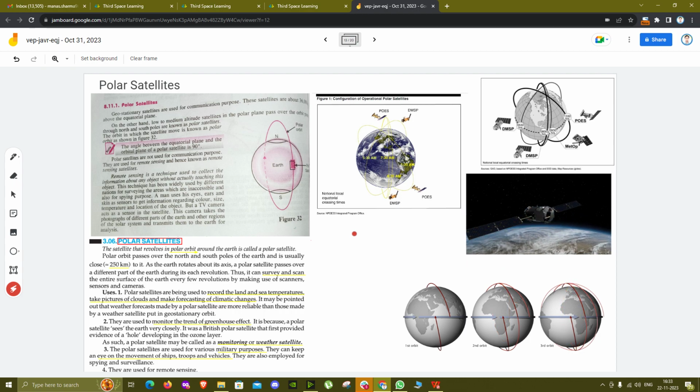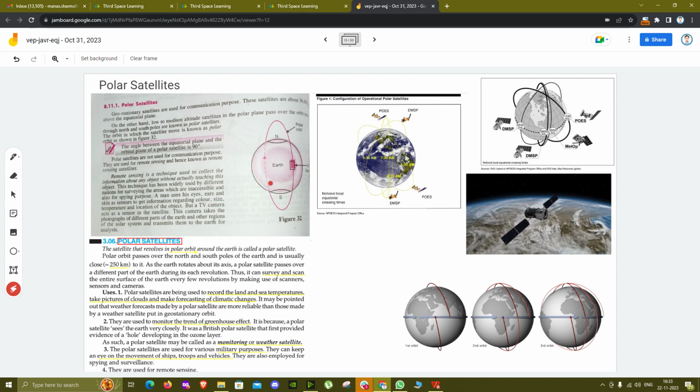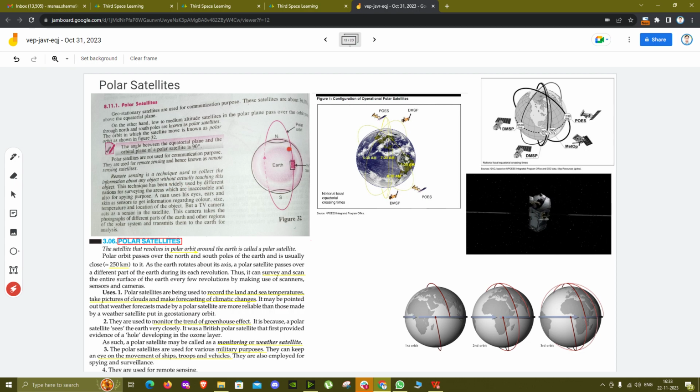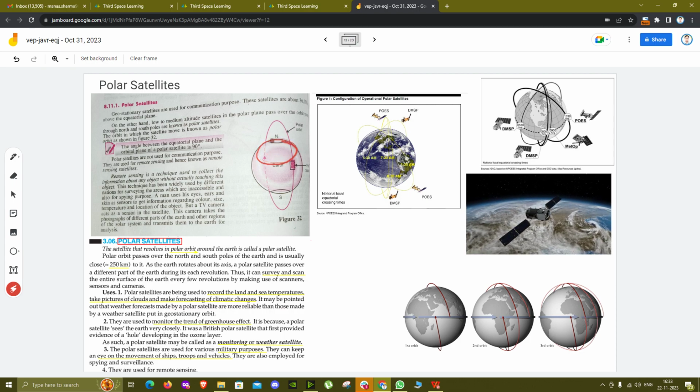This is a very interesting thing about the polar satellite. It is very different from the geostationary satellite. At different points of the day, it will be at different positions, because Earth itself is rotating about its axis.